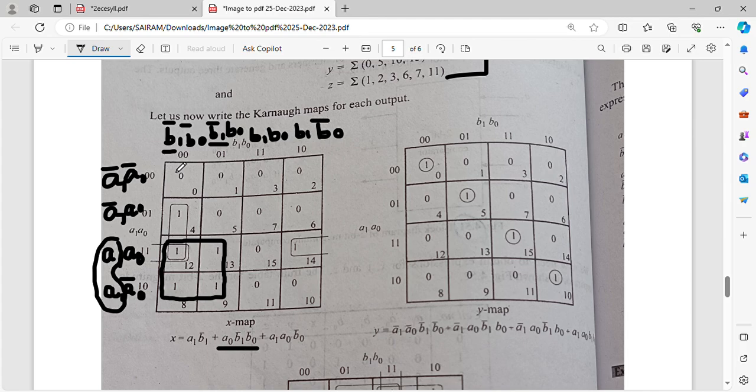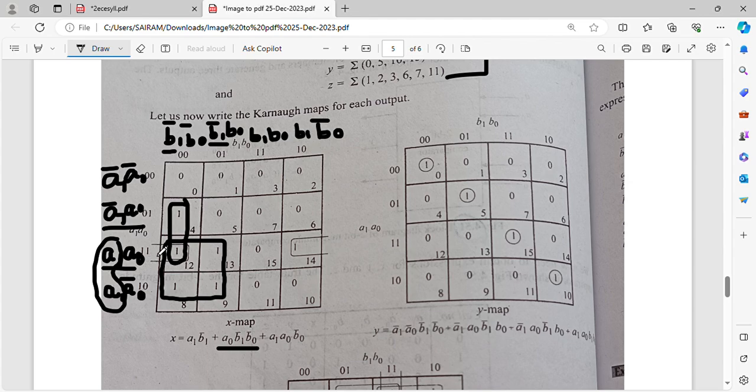For this particular group, A0 is common. See, this is A1 bar A0, this is A1 A0. So what is common between the two, A0. So that A0 is written over here, and on the top it is B1 and B1 bar B0 bar. So we are going to write that directly, right? Here it is plus A1 A0 B0.